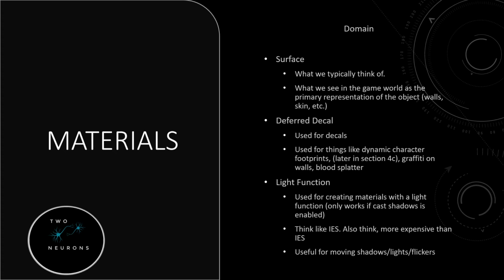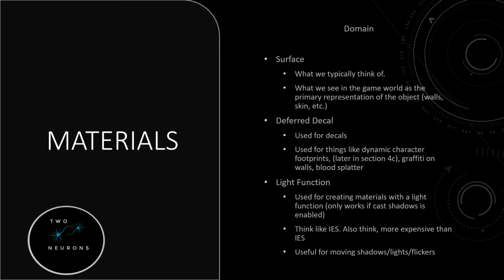Where you can use an IES instead of a light function, you should be using an IES. However, sometimes light functions are useful. If you have a particular pattern or shape that might be dynamic, used for moving across an area, so moving shadows or moving lights or flickering, you might want to use a light function if you can't find an IES that matches the particular look you need.